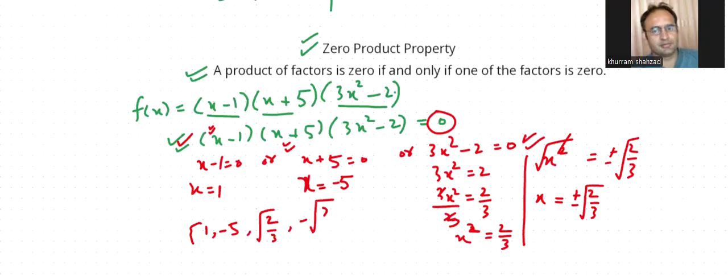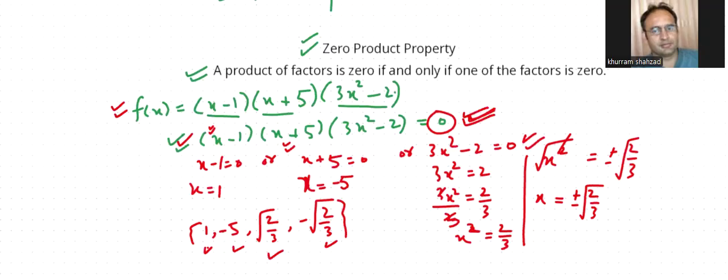So this is the solution set for this polynomial. These values are called zeros of the polynomial, or we also say that these values are solutions for this equation.